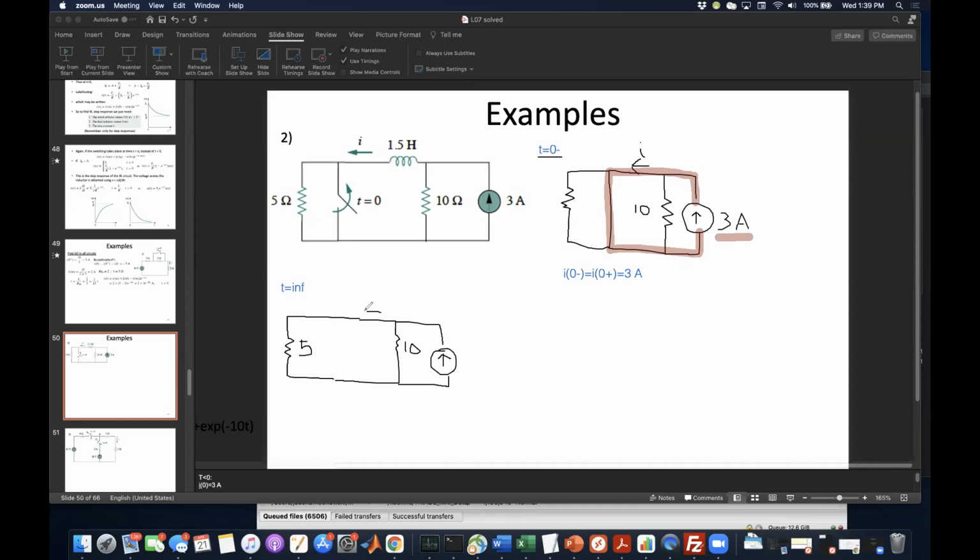And the variable that we're solving for is this current I. So my question to you is, how much current takes this path?